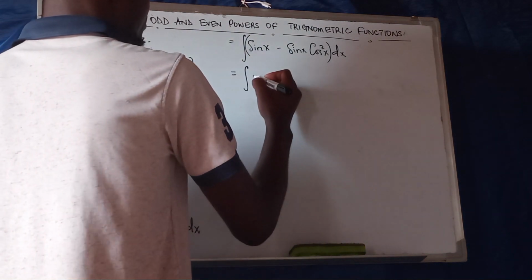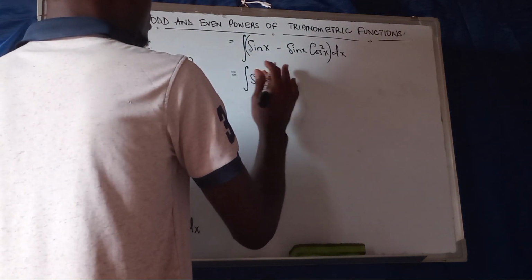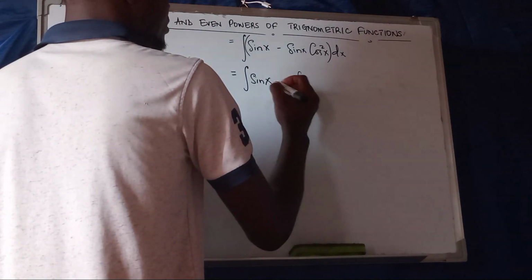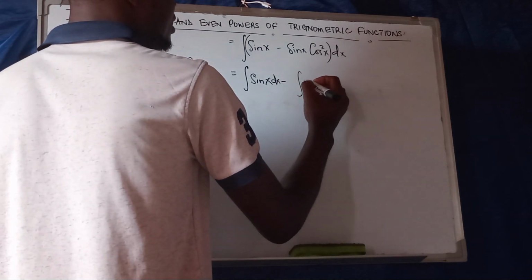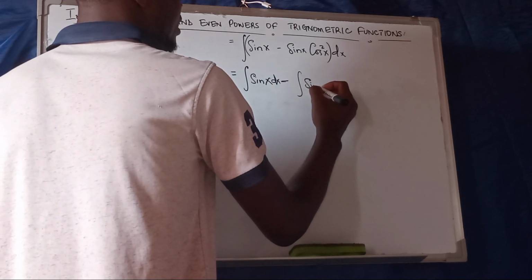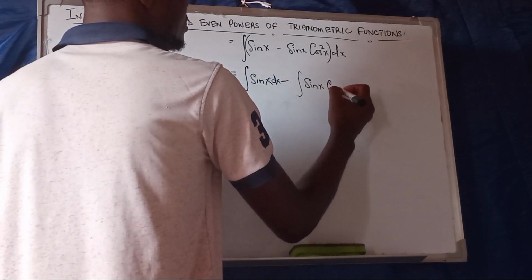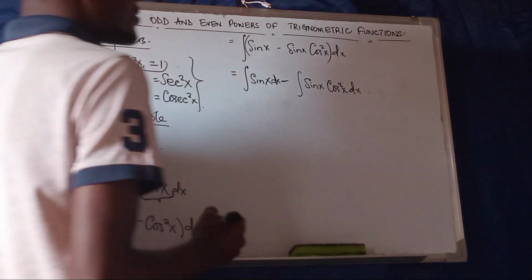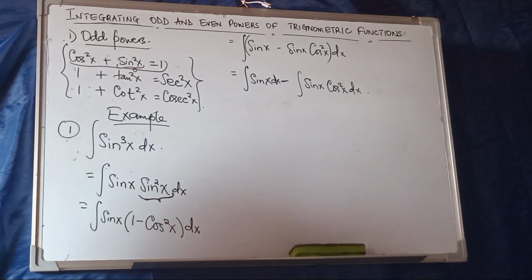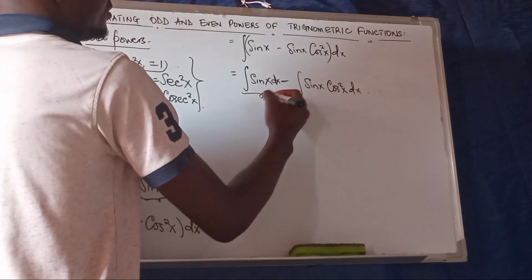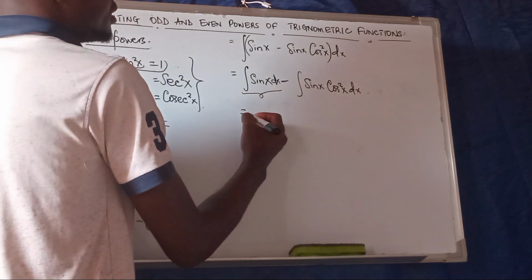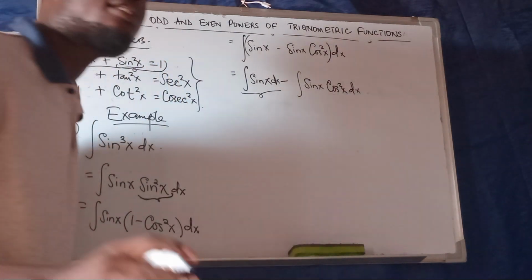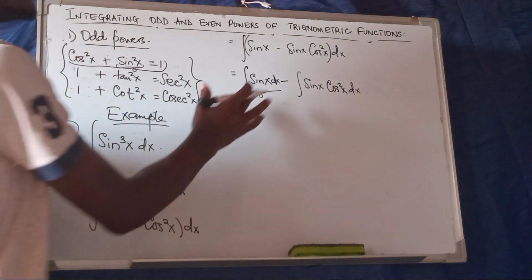Mathematically, this is the same as the integral of sine x with respect to x minus the integral of sine x cos squared x dx. And this is easy to integrate. We know that when we integrate sine x, we get negative cos. So this one is done.